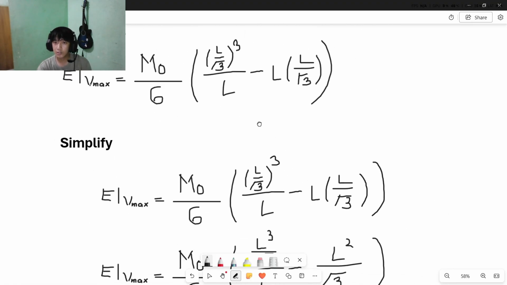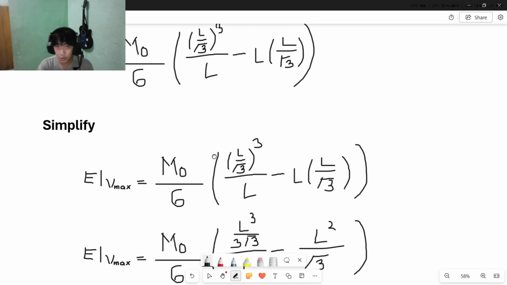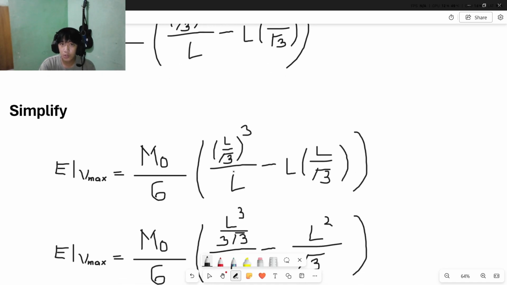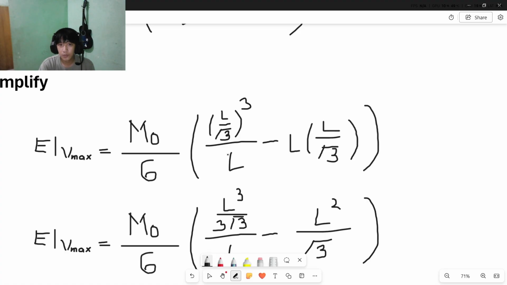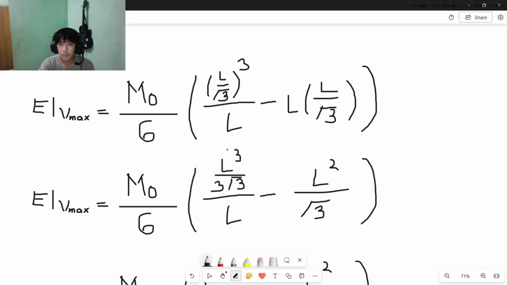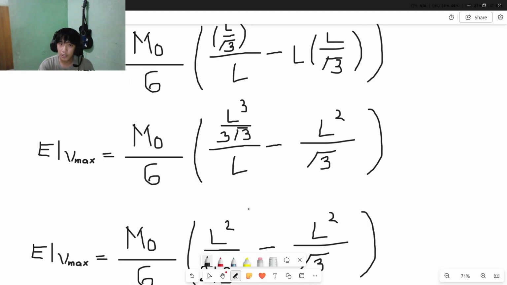Then we need to just simplify. So simplifying our numerator, on this parenthesis, since it's raised to 3, we can distribute that. It's going to be L cubed over 3 times the square root of 3 over L minus, so distribute the L inside, that's going to be L squared over the square root of 3.